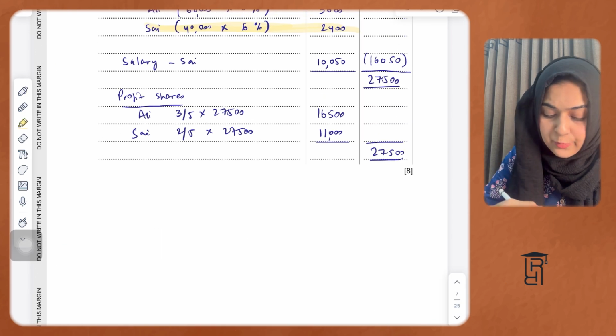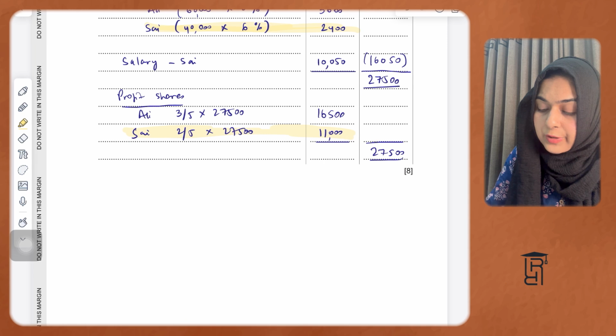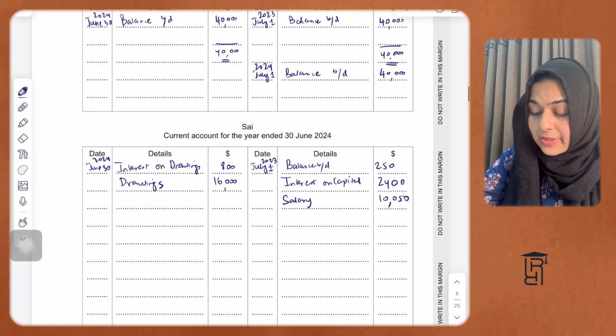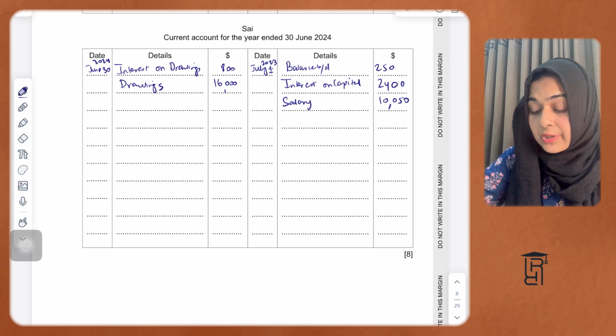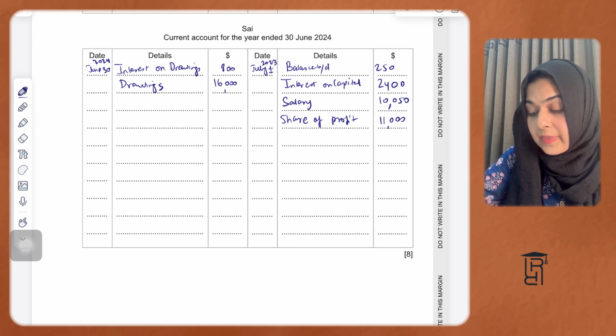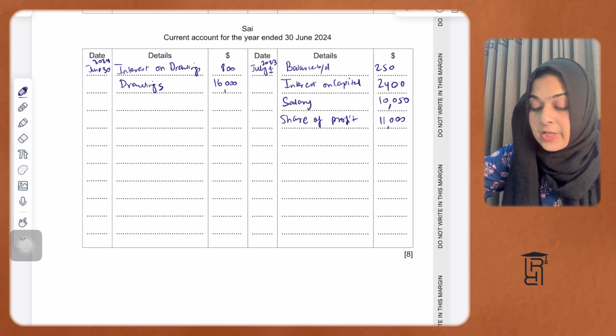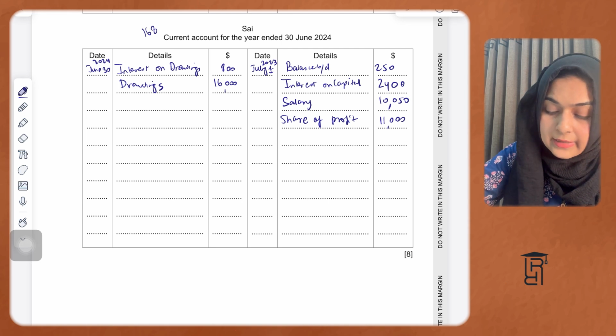And then Sai's profit share needs to be recorded in Sai's current account. Profit basically increases your capital, so that needs to be recorded on the credit side of the current account of Sai. So I'll write share of profit, 11,000. Now the debit side of my current account totals 16,800.